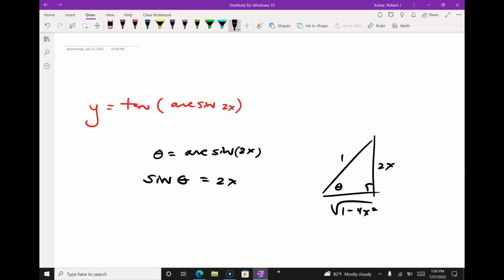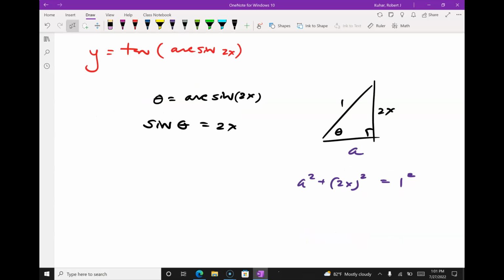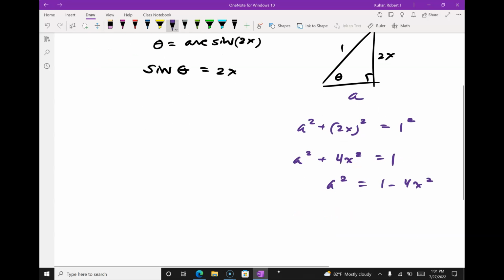Let's pretend for a second I don't know this side, and I'll call it A. So a squared plus 2x quantity squared should equal 1 squared. So a squared plus 4x squared equals 1. So a squared is 1 minus 4x squared, and when I take a square root, that's when I get that side A.